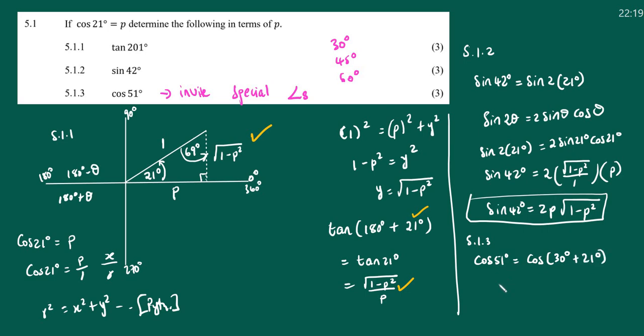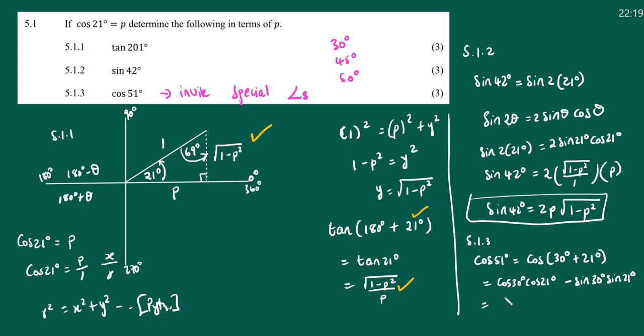I get 51. Then, just like Mr. Liama said, you expand. Now you're going to say this is cos 30 degrees cos 21 degrees, minus sine 30 degrees sine 21 degrees.